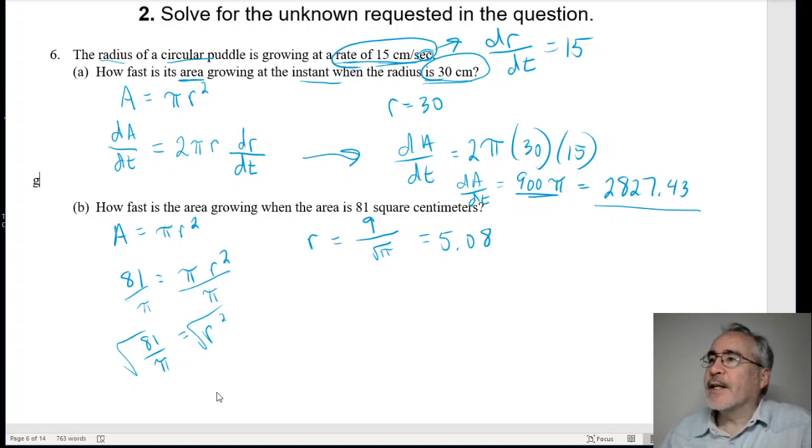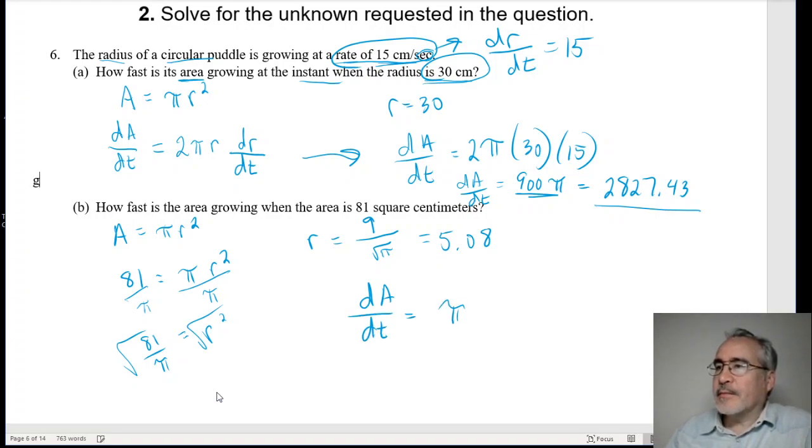Okay, so that's r. Now we're back to doing what we did on the last problem. We take our derivative, because this is what we're looking for, dA dt equals 2 pi r dr dt. We have the r right here, 5.08.